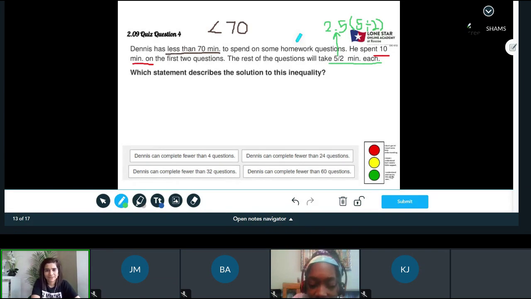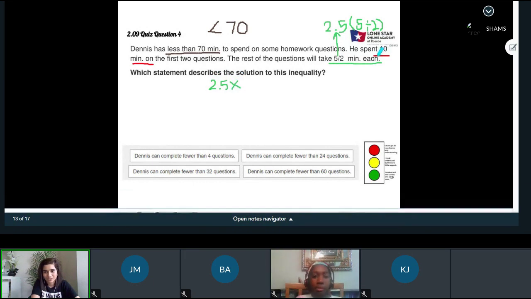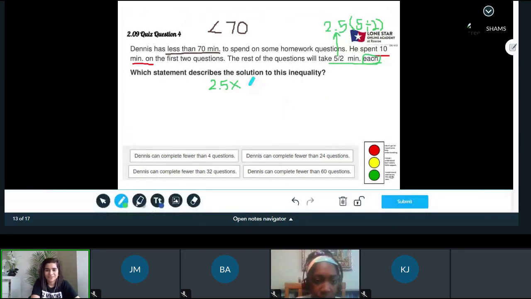Let's go ahead and see how I can express this. So 5/2, that I say is 2.5, I can say 2.5x. Why did I say 2.5x? I see the word each. That tells me that the variable goes with 2.5. And then he spends 10.